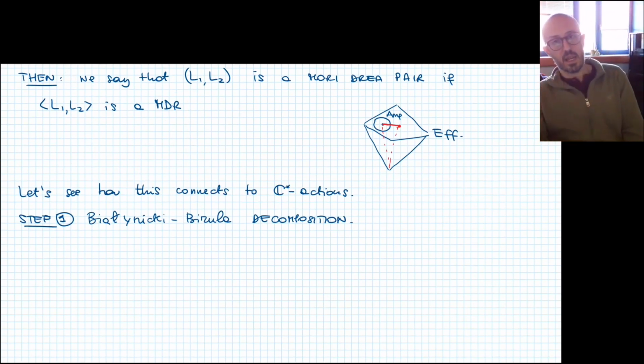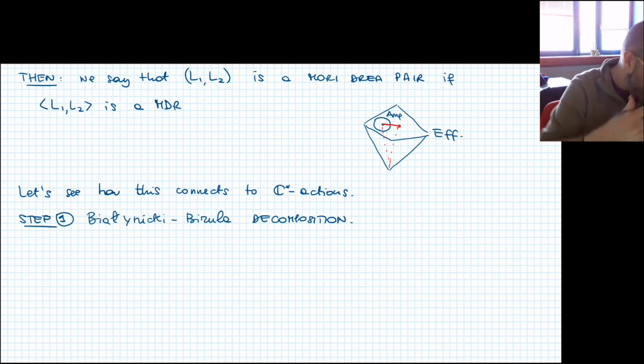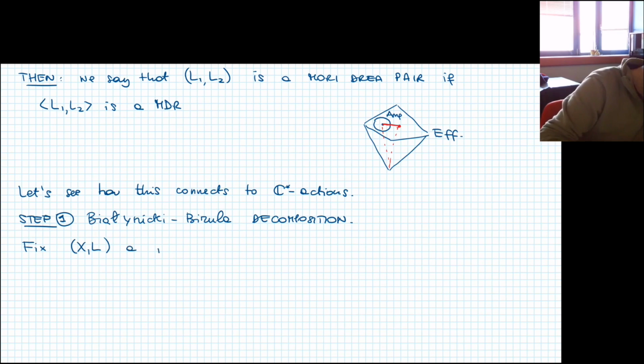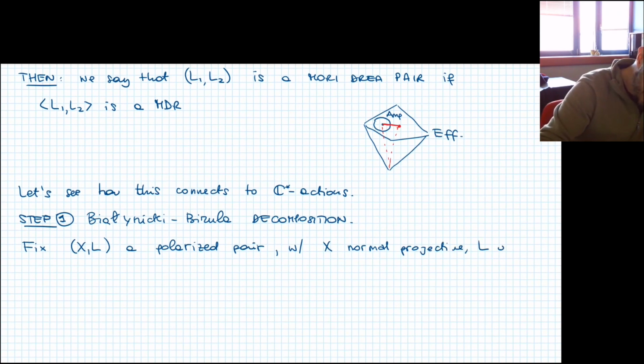Allora, let's see how this works. So this is quite technical, but it's important to introduce it so that we sort of see how things go along. So we fix a pair (X, L), the polarized pair, with X as above, normal projective, and L ample.